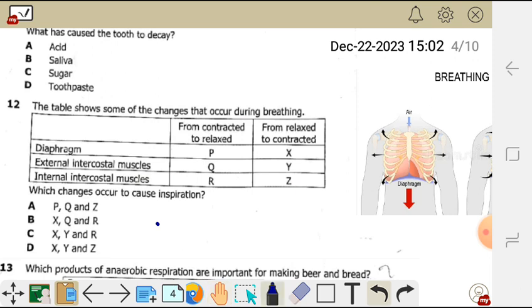The changes which occur: we have from relaxed to contracted for the diaphragm, which is X. Then the external intercostal muscles go from relaxed to contracted as well, which is Y. The internal intercostal muscles go from contracted to relaxed, which is R. So we have X, Y, R, which is C. So the correct answer here is C for question 12.